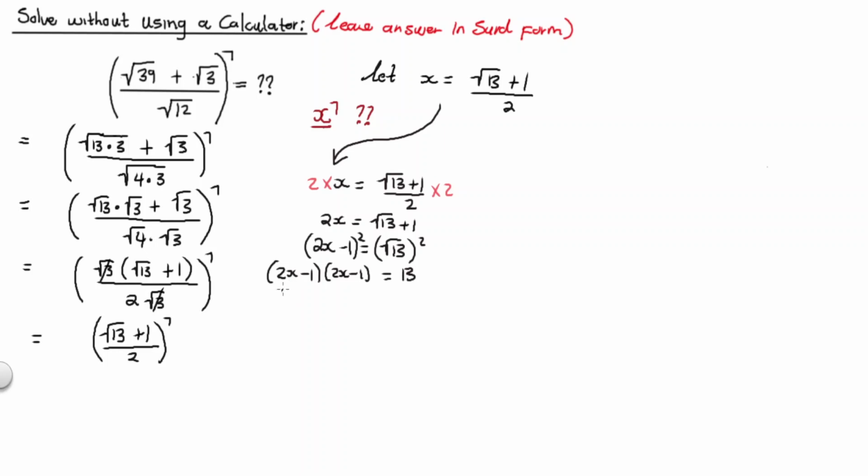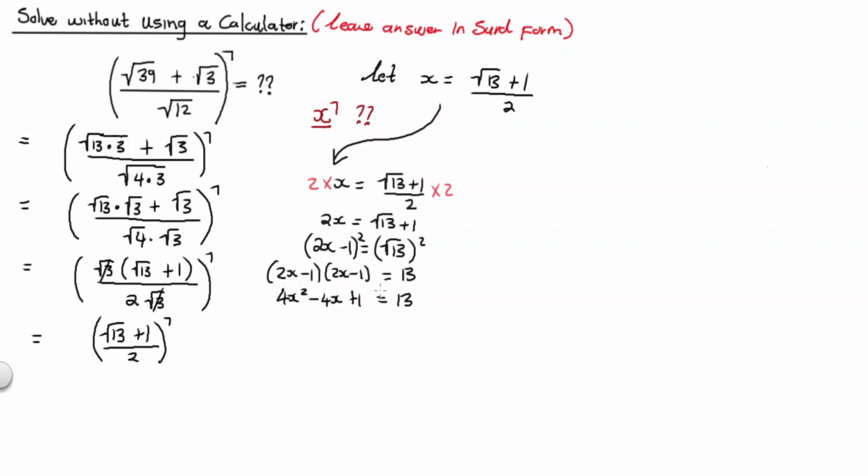I'm going to end up with 4x squared and a minus 4x, 2x times minus 1, that's negative 2x, okay, then you add, it's going to be a minus 4x plus 1 equal to 13.